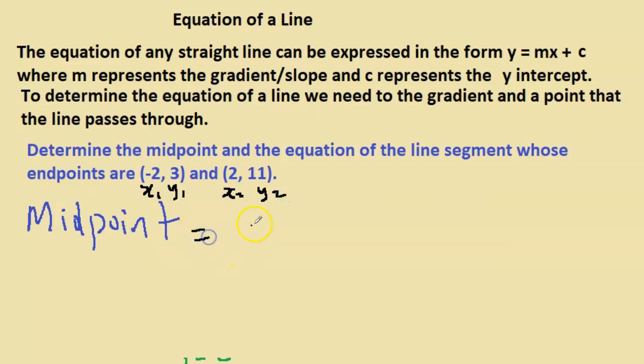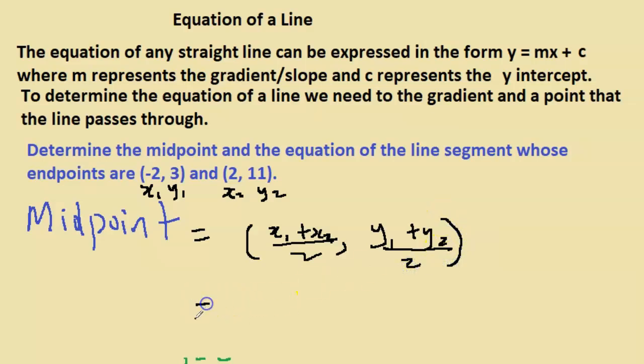So midpoint is a point with an x coordinate, and we'll get the x coordinate by averaging the two x values. And we'll get the y coordinate by averaging the two y values. Hence, when we add the two x values, we get -2 plus 2 over 2.